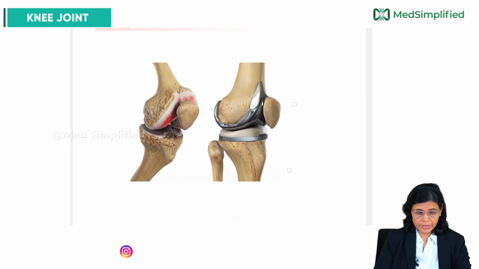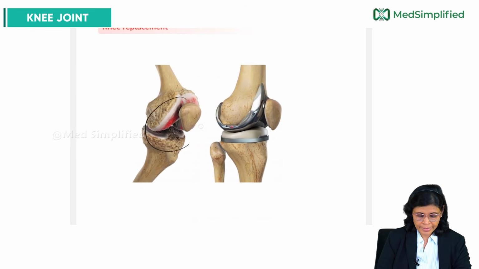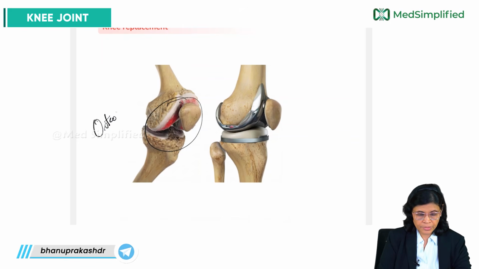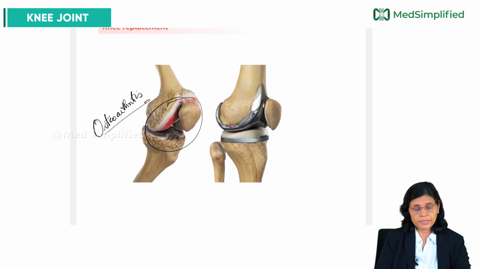The knee replacement. When there is a badly damaged knee joint, especially by osteoarthritis, it happens because of the continuous friction there; the joint space is reduced and there is friction between the two articular surfaces. So the joint will be damaged.